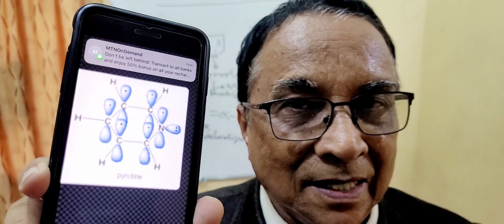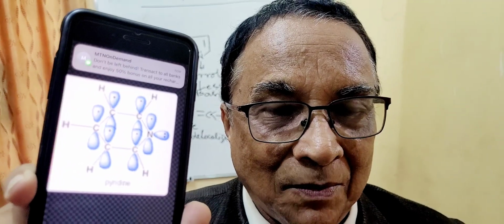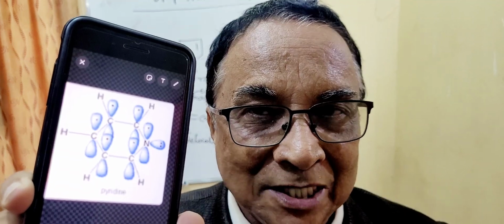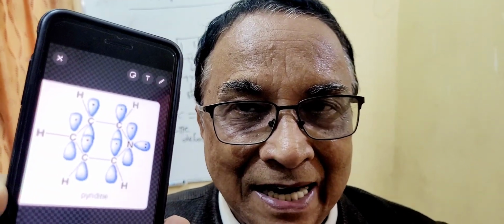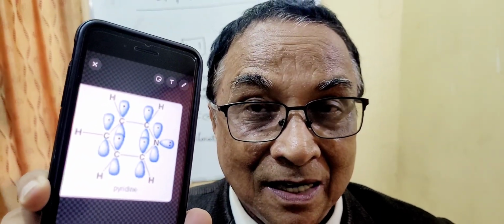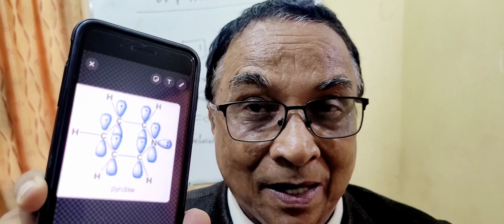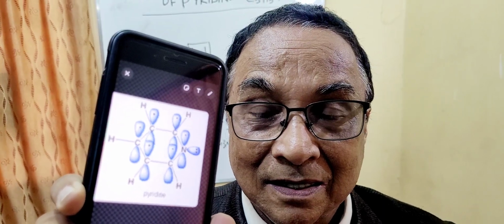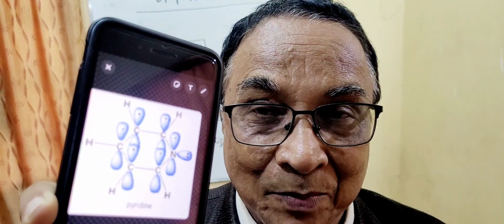So this is the orbital picture of pyridine, where one of the carbons is replaced by nitrogen, and that nitrogen has an extra pair of electrons available for bond formation, and that's why it is a strong base as compared to other 5-membered rings.